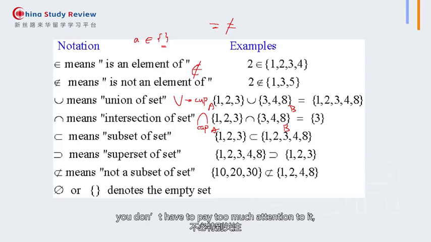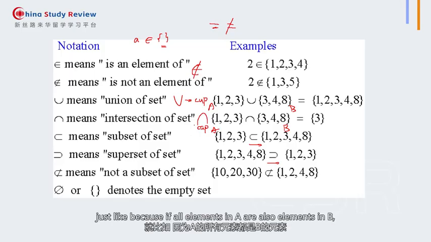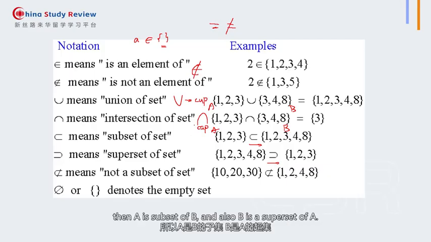You don't have to pay too much attention to it because we usually use subset, since they're basically the same thing with the order changed. So if A is a subset of B, then B is a superset of A. If all elements in A are also elements in B, then A is a subset of B, and also B is a superset of A. That is the opposite relationship, and they really mean the same thing, just said differently. We usually still use subset instead of superset.